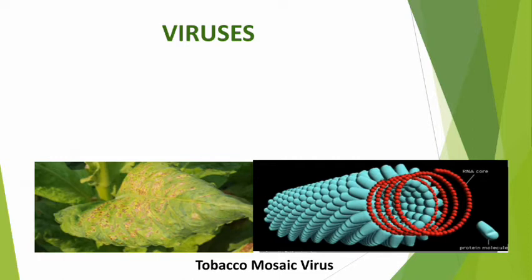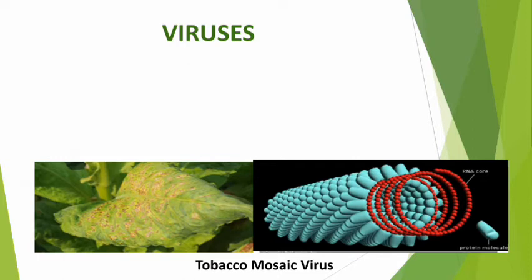Then again, in the cytoplasm, different cell organelles such as mitochondria, ribosome, endoplasmic reticulum, Golgi body are also present. When all these things are present, then we will call it a cell.